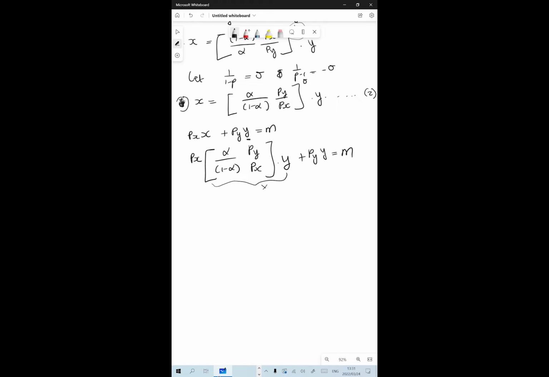We're trying to get y by itself, so we can take the common variable out and we'll be left with everything else that does not include y.